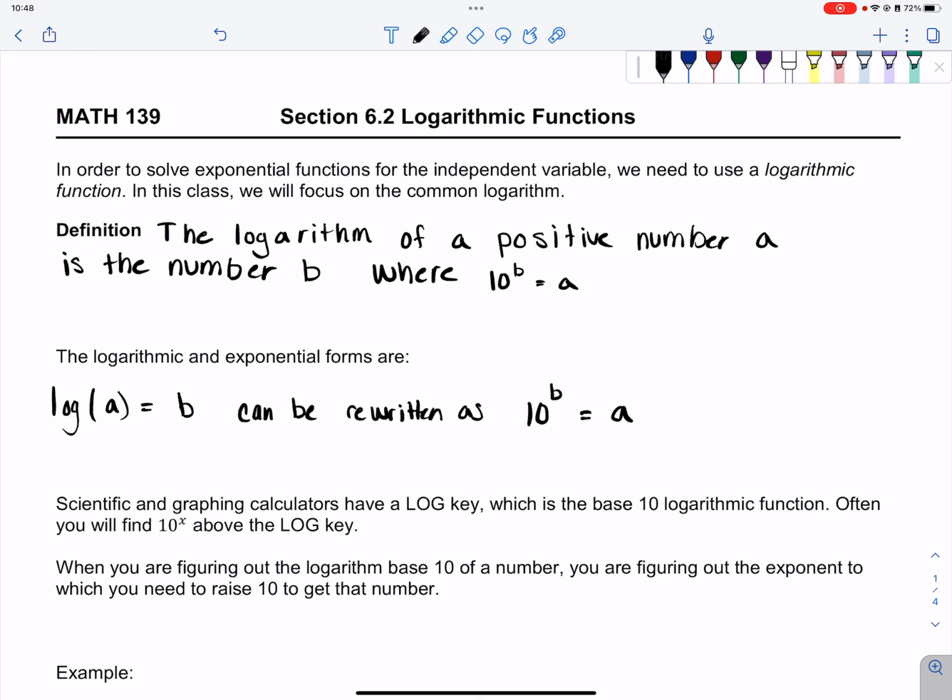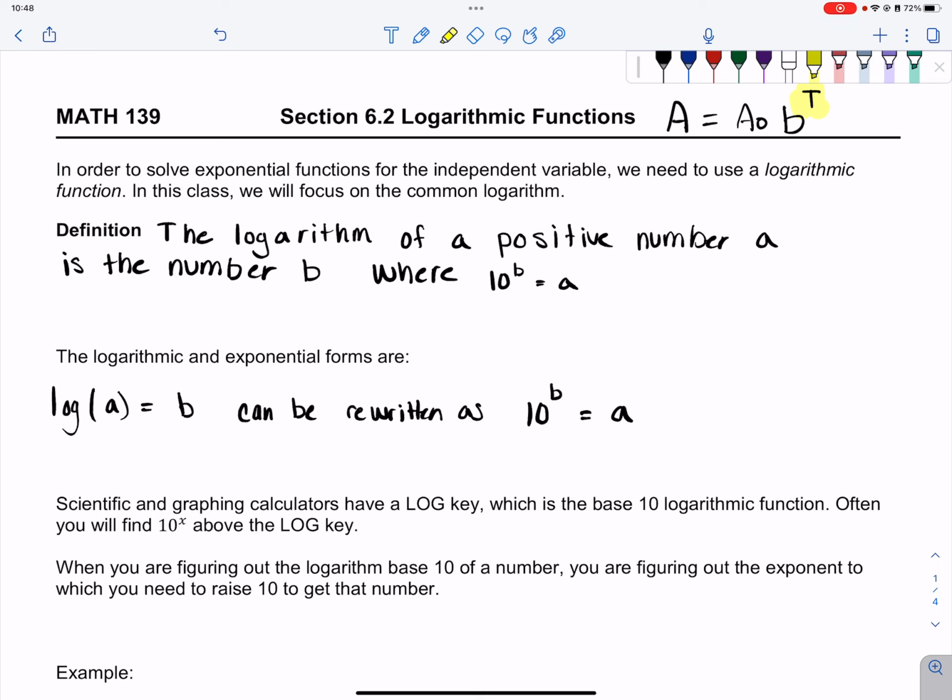So in 6.1, we did our exponential functions, and they were of that format: A equal to A0 times b raised to the t power, where t is our input variable, the independent variable in the function. And our issue with this is, what if we want to solve for t?